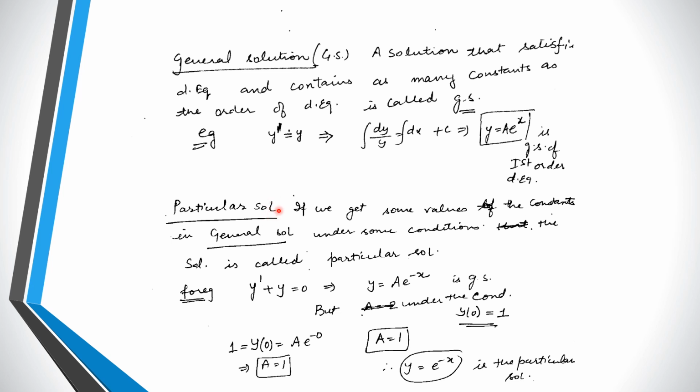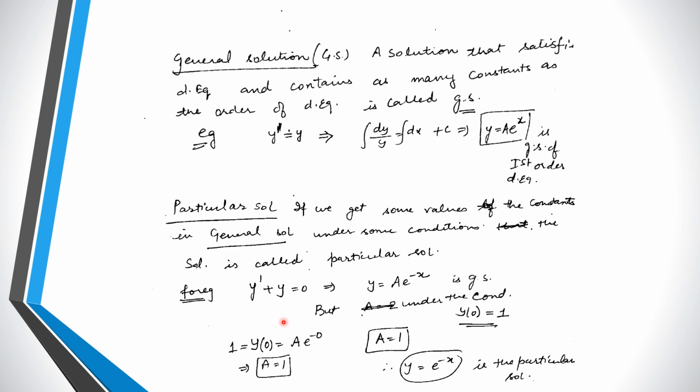Now what do you mean by the particular solution? If we get some values of the constant in the general solution under some conditions. So if we can find out the value of the capital A under some conditions, then that solution is said to be the particular solution of the differential equation, right?